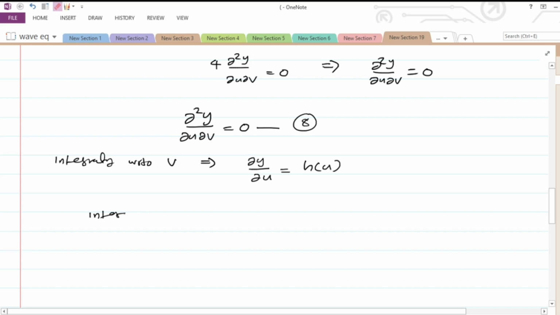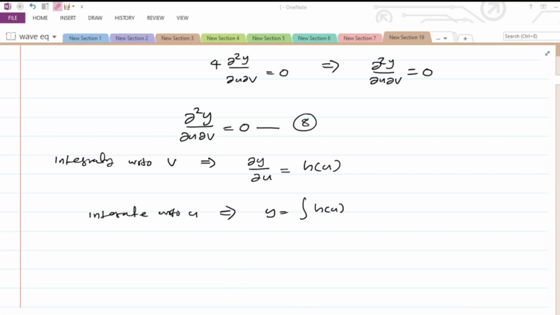We get y equal to the integral of h of u du.